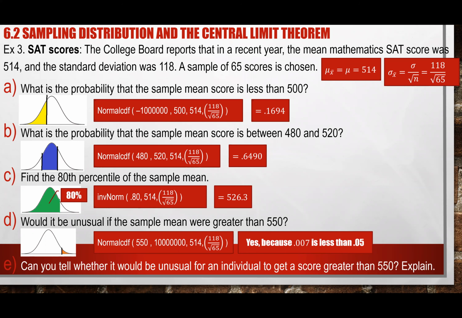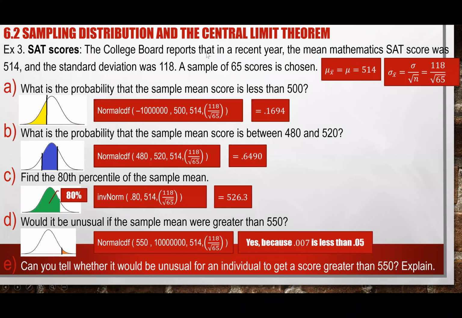So the reason why I give you E is this, ladies and gentlemen. If you look at E, they ask you, can you tell whether it would be unusual for an individual to get a score greater than 550? Does E have anything related to the sample that we have here?